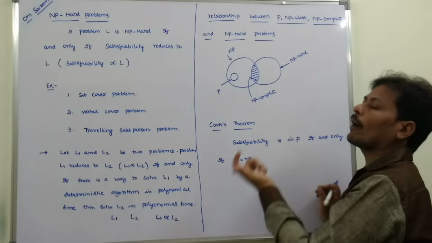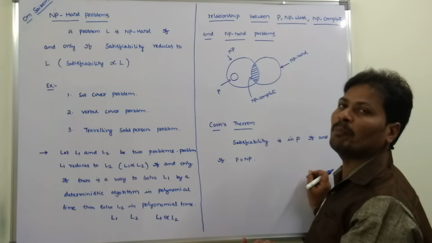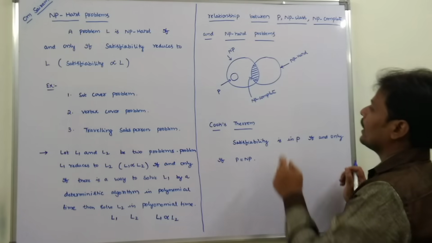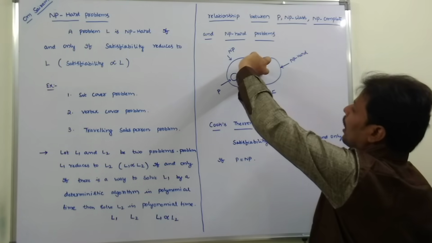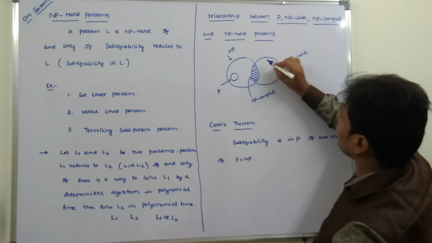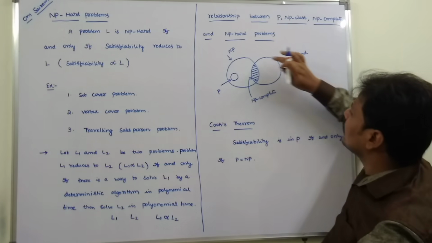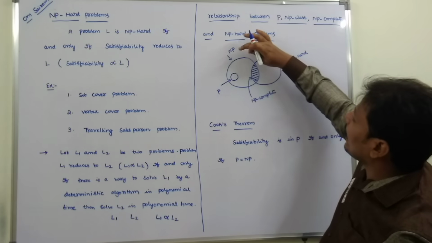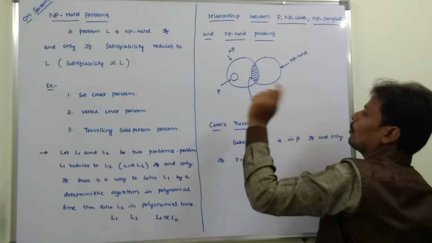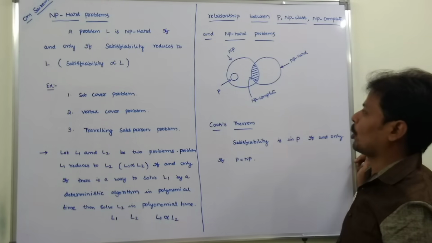Now we have to find the relationship between P, NP, NP-complete and NP-hard problems. Here the intersection part is called the NP-complete problem. The entire second circle is called NP-hard. The entire first circle is called the NP class. The small circle is called the P class.